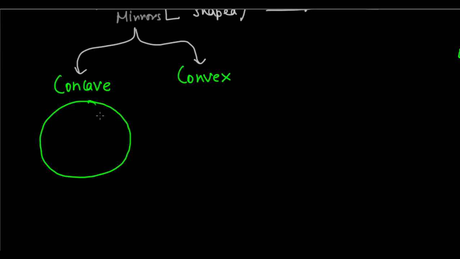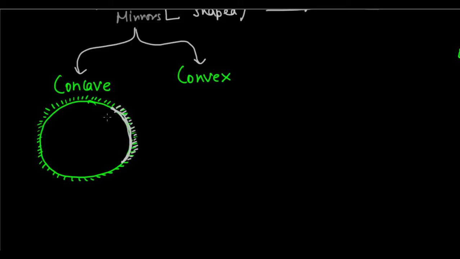Now, if the sphere has an outer surface which is not reflecting, and the outer part of the mirror does not reflect, then if I cut out a piece from the sphere, suppose this is my piece, and this is the area I'm cutting out.